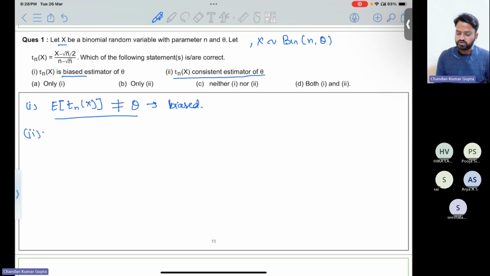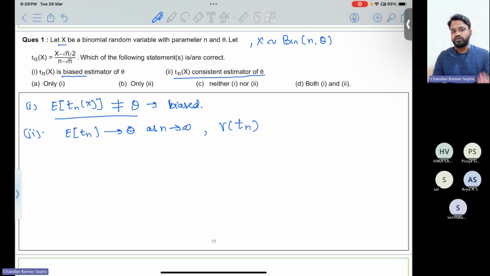And the second, for consistency, we may either use the definition or we may use the two properties: expected value of Tn tends to theta as n tends to infinity, and variance of Tn, Tn being a function of random samples, tends to 0 as n tends to infinity. We need to check these two conditions to check whether the first and second statements are true or not.